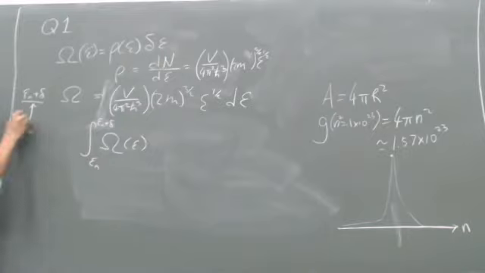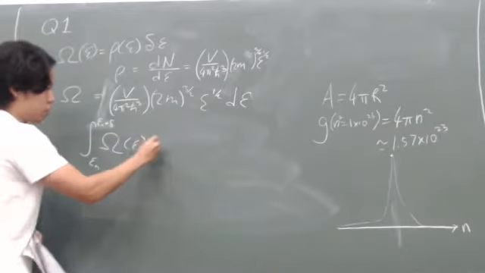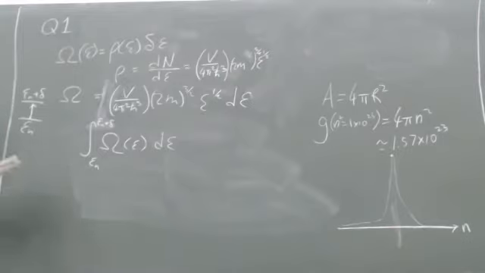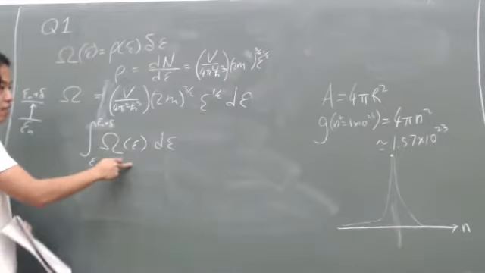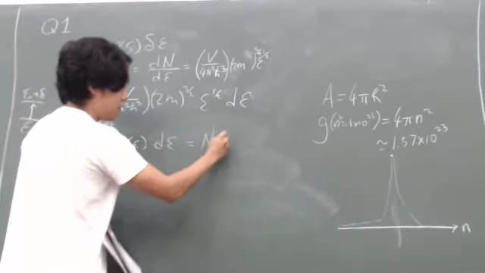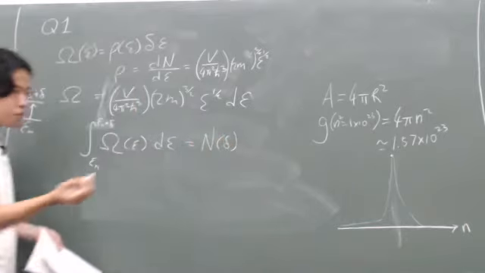And I want to know within this shell of energy how many states exist in there. So this will just be d epsilon, so integrate over that. And if I integrate, this will give me a number of states within this delta shell.